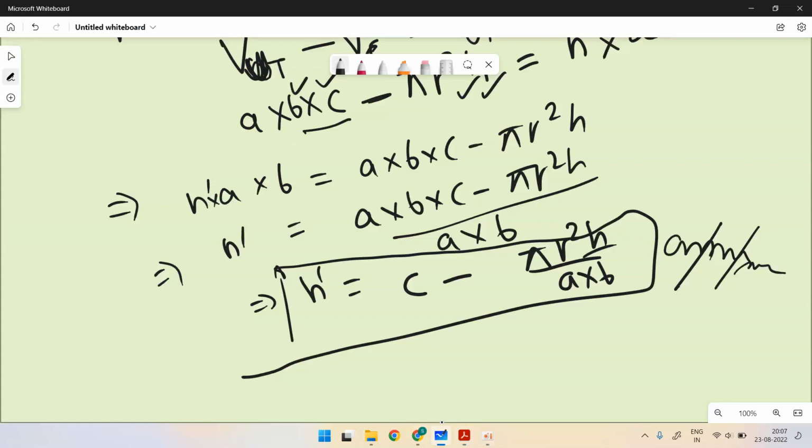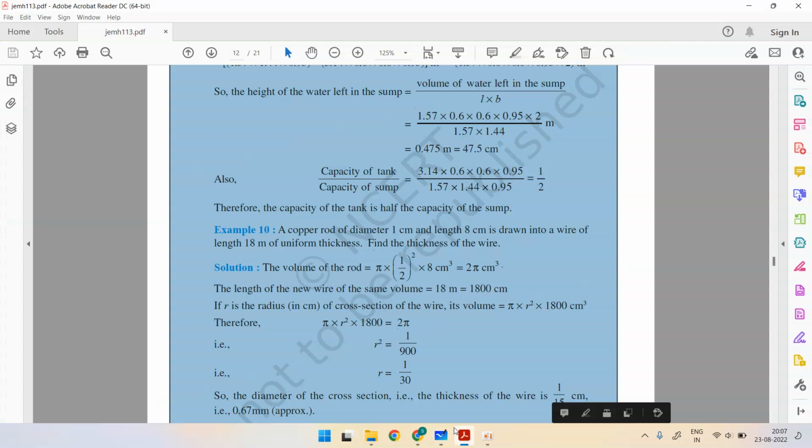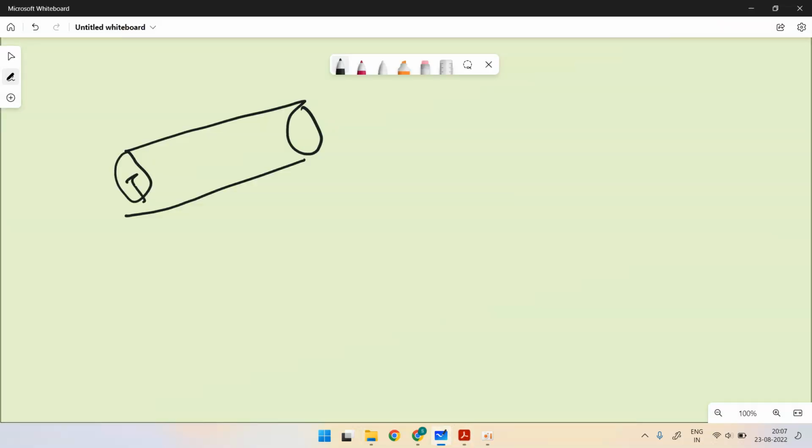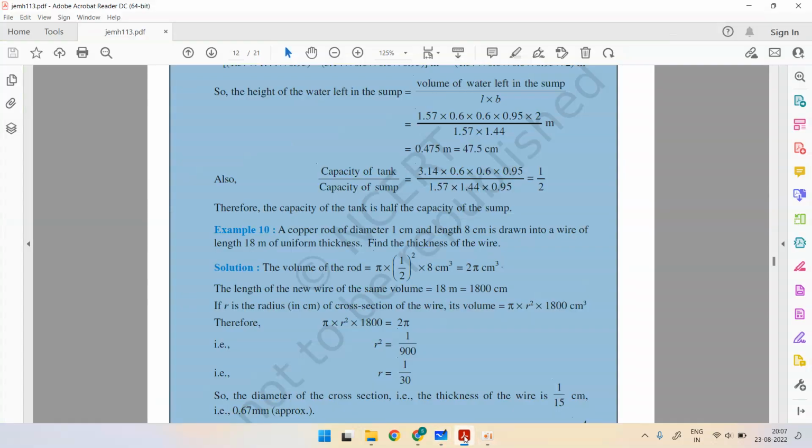Again, the same thing. I'm assuming this is the rod, of diameter 1, so radius will be 1 by 2 or 0.5 centimeter, and the height, the length of the rod, is 8 centimeter. It is drawn into a wire of length 18; find the thickness of the wire.